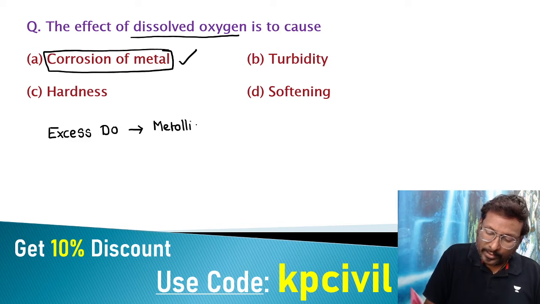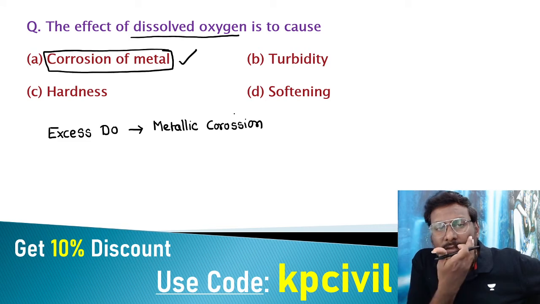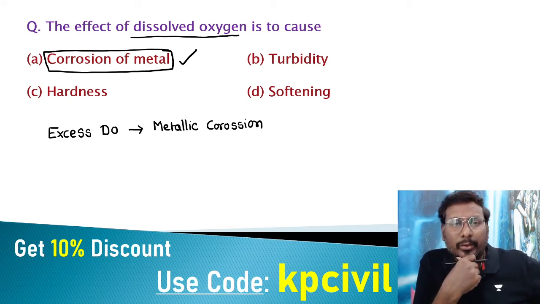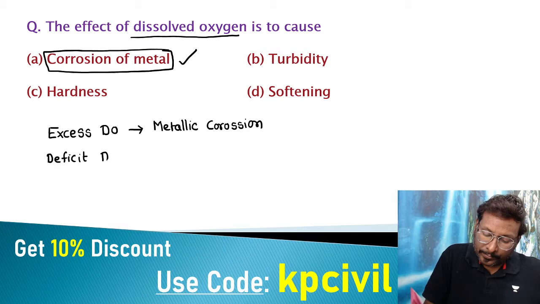So effect of dissolved oxygen given, but no information about deficit here. Turbidity, hardness, softening, those are not at all related to DO, only metallic corrosion. Deficit of DO, water turns into unsuitable, unfit for consumption.